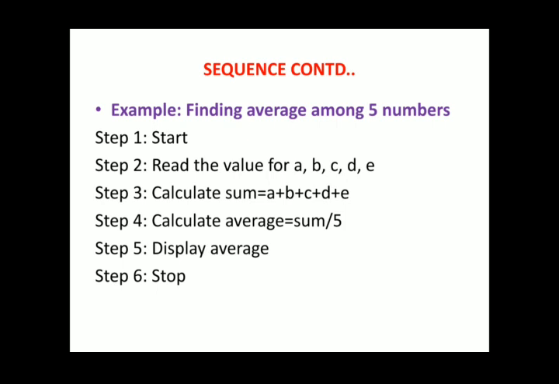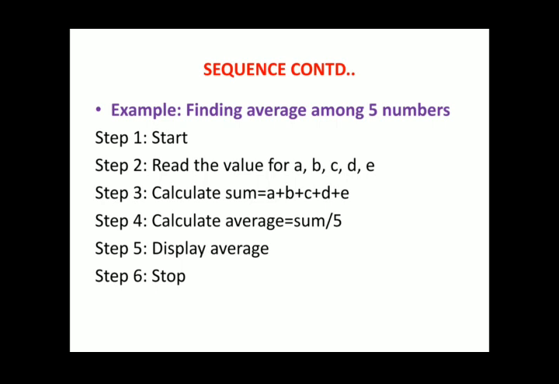Okay. So now to find the average among 5 numbers, we need to add the 5 input values, and then we have to divide the final added value by 5. So in order to find the sum of 5 numbers, the logic A plus B plus C plus D plus E is used, and then the added value is assigned to the variable sum in step 3.